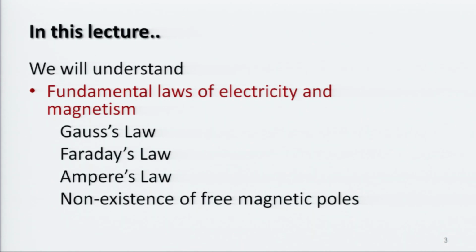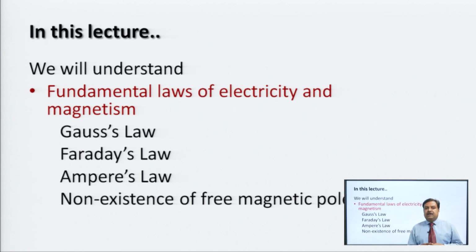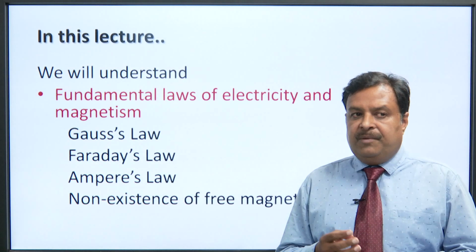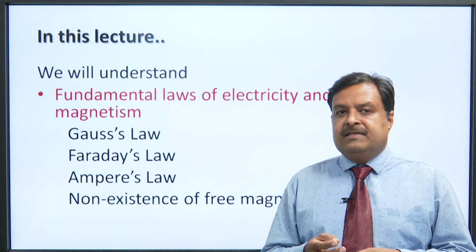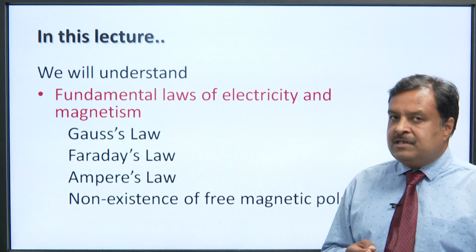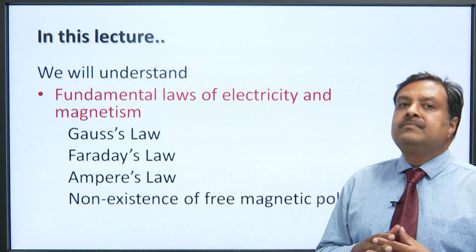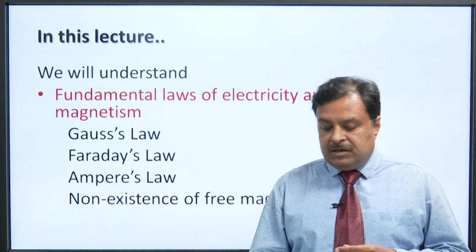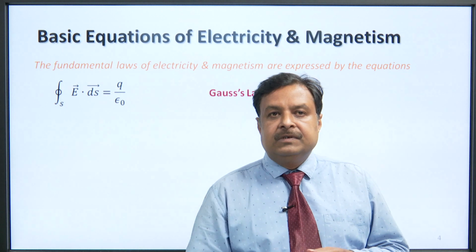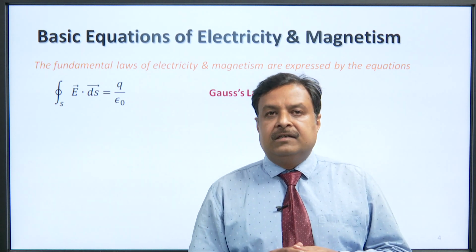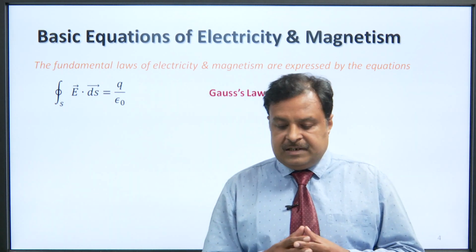In this lecture, we will understand fundamental laws of electricity and magnetism, namely Gauss's law, Faraday's law, Ampere's law, and non-existence of magnetic monopoles in nature. So, these are the basic equations of electricity and magnetism.